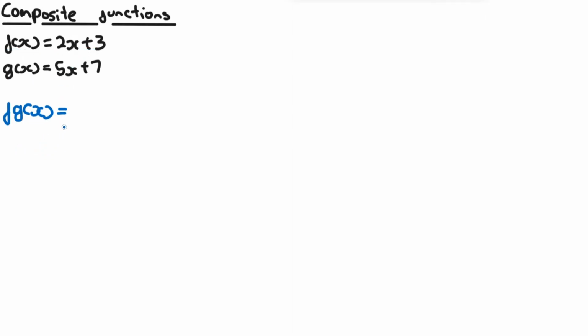So fg of x is equal to, so f of x is 2x plus 3, so it's going to be 2, but we replace the x with g of x, 5x plus 7, so it's going to be 2 of 5x plus 7 plus 3. If we expand the brackets, it's going to be 10x plus 14 plus 3, which is equal to 10x plus 17.